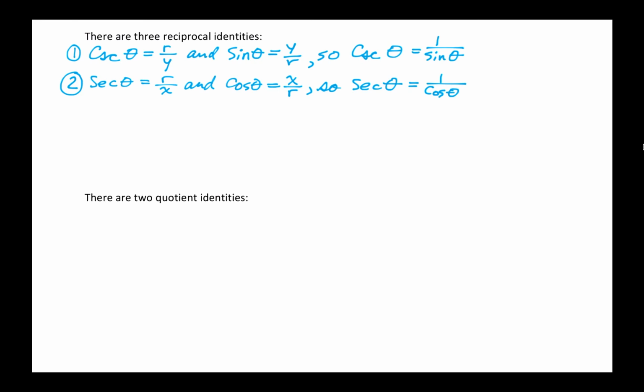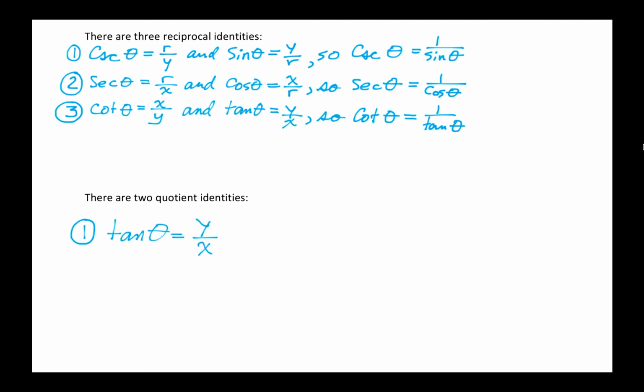So secant theta is 1 over cosine theta, and cosine theta is 1 over secant theta. And finally, cotangent theta is x over y, whereas tangent theta is y over x. So cotangent theta is 1 over tangent theta, and tangent theta is 1 over cotangent theta.